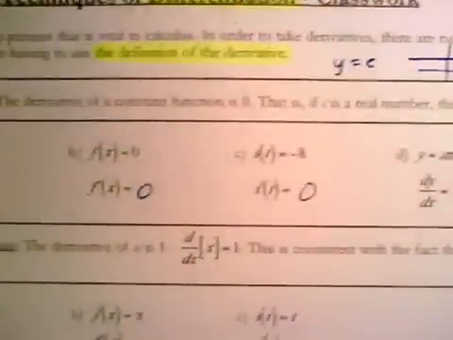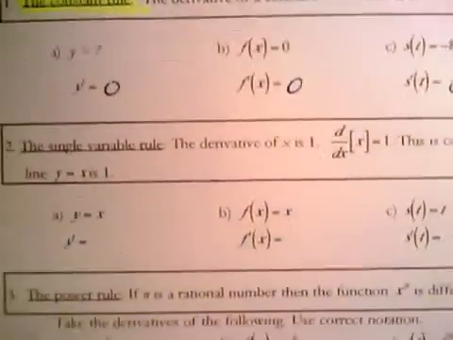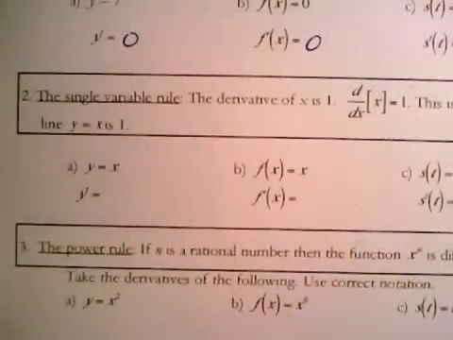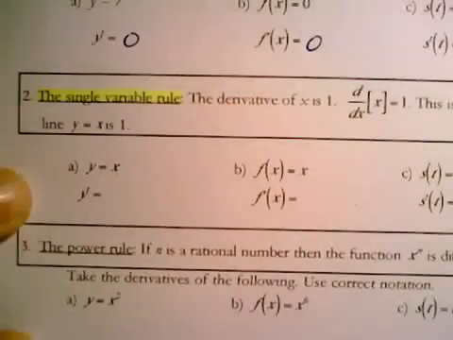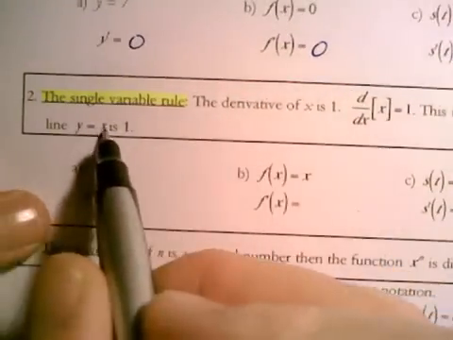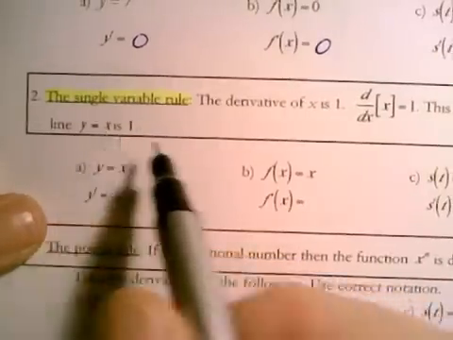Okay. And then the next rule, we don't normally talk about this because once we get to the power rule, it covers the single variable rule. But the single variable rule is just that. If it's a single variable, in other words, y equals x, then the derivative is 1.